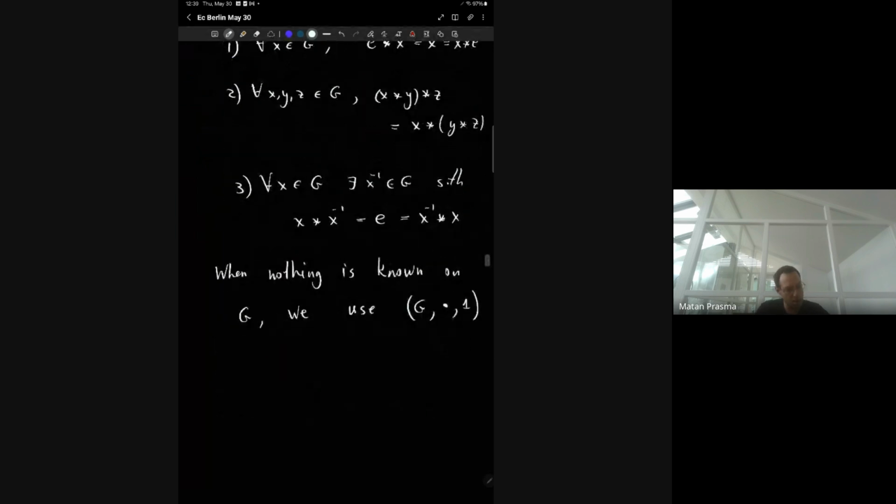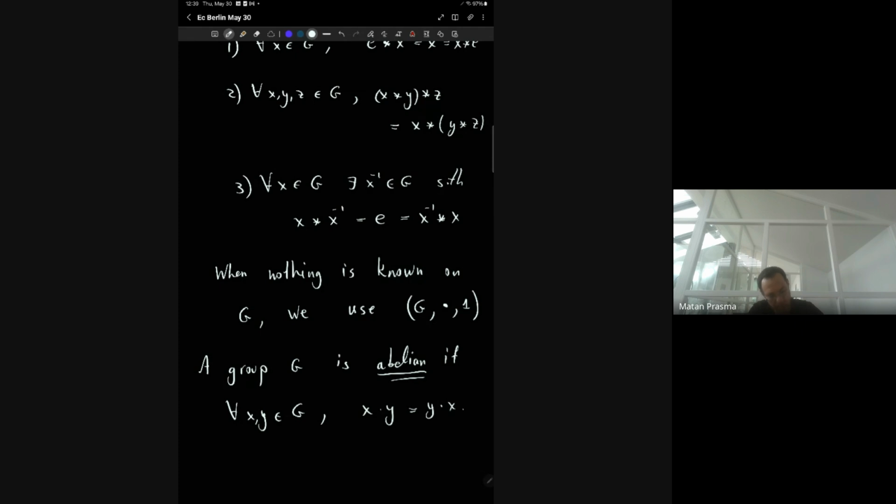Now, a group G is abelian if for any x and y in G, xy is equal to yx. Okay?